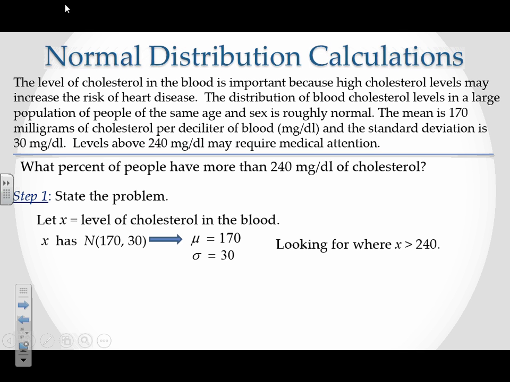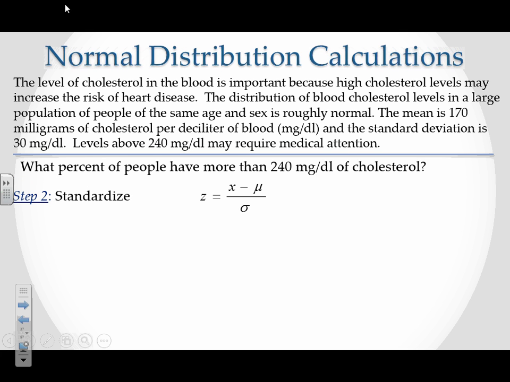It goes from 0 up to a little bit above 3 or below 3. So 240 means nothing for that standard normal distribution. So our first step is to standardize. We need the z-score for 240 milligrams per deciliter. So take the value 240 minus our mean 170, divide by 30.